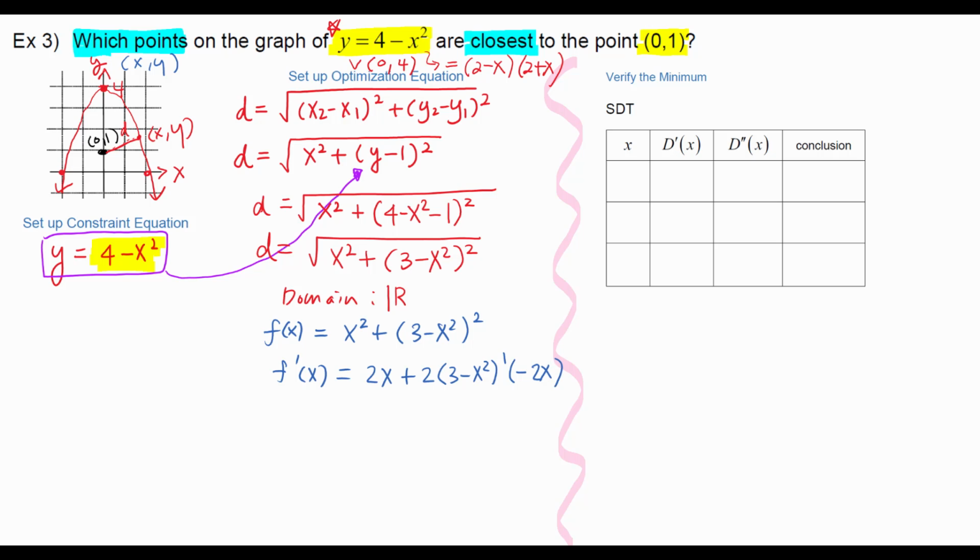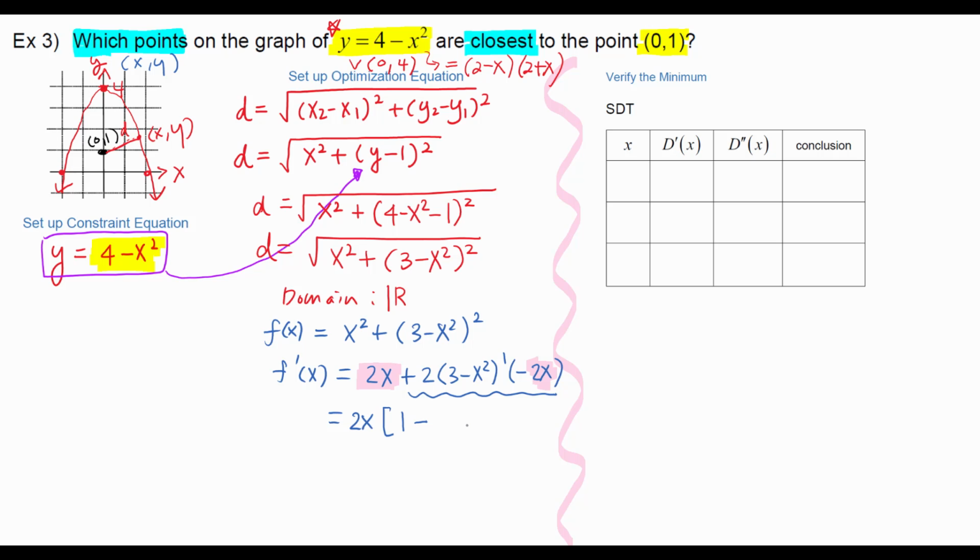This f prime of x has a common factor 2x and 2x, so I'm going to factor that out. If a 2x comes out, it's 1, but this whole thing is actually negative because the last factor is negative.